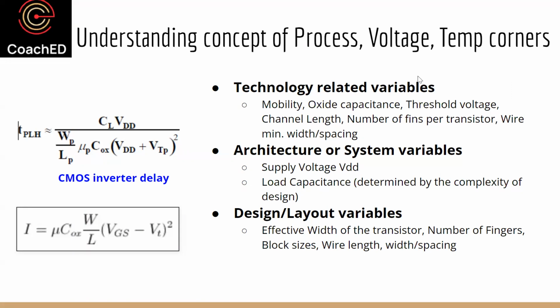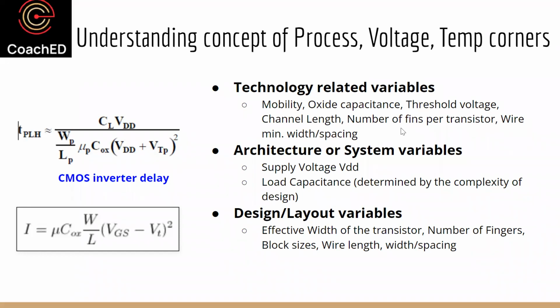There could be a server which could be running at full frequency, full throttle, extreme amount of load on that, which means it could be getting heated up, which means temperature in that whole chip could be around 100 degrees Celsius.